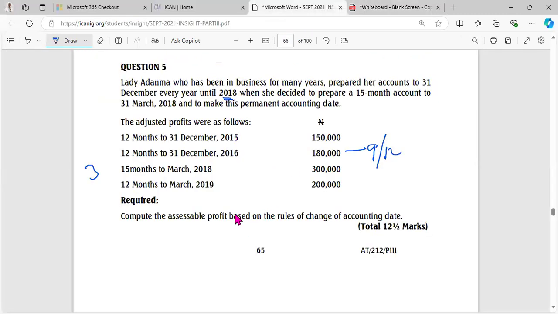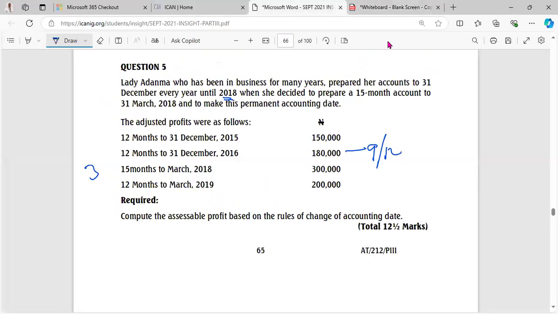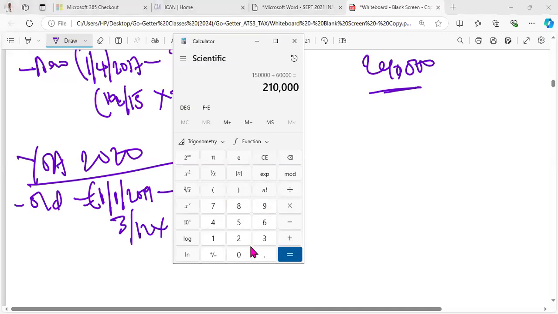So we have January here. But unfortunately, we have only March. So let's just take 3 months. So we'll say 3 over 12 times 200,000. Just 3 months that's available to us.